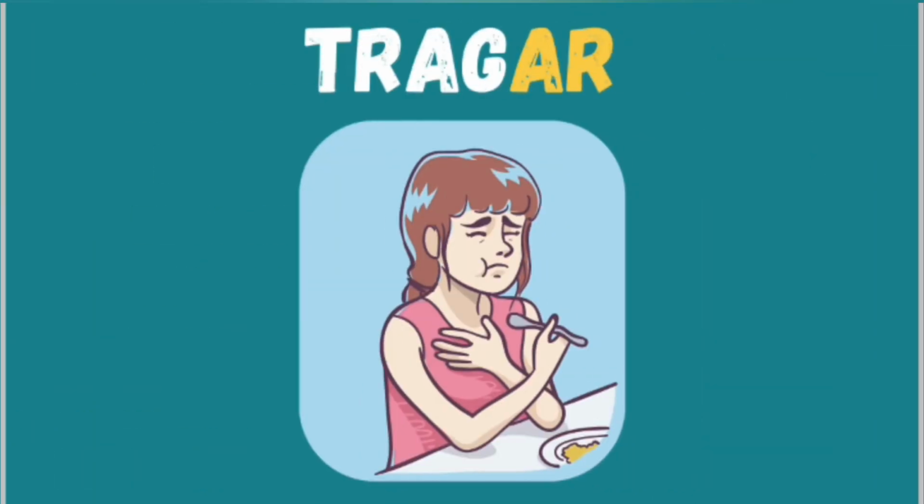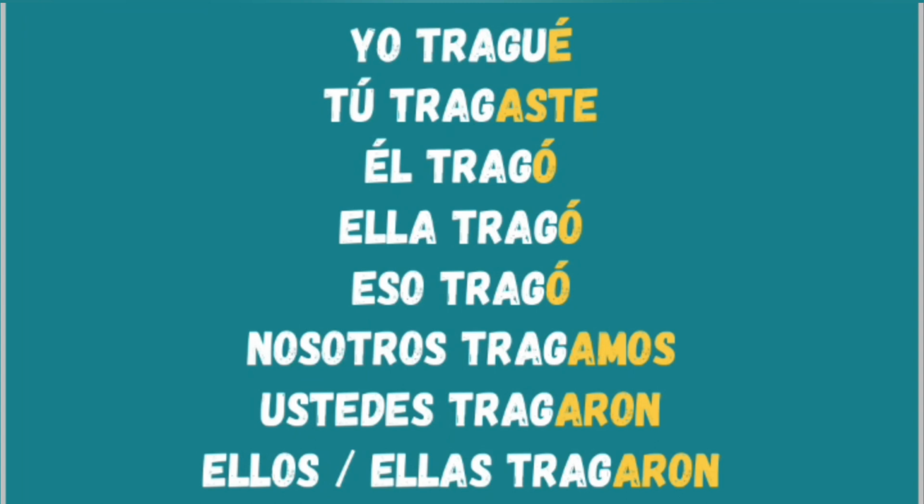Now I have this verb to swallow. Okay, if you want to say to swallow, in Spanish you have to say tragar. Tragar. Okay? And let's see how you have to conjugate this in the indefinite past. If you want to say I swallowed, in Spanish you have to say yo tragué. Yo tragué.